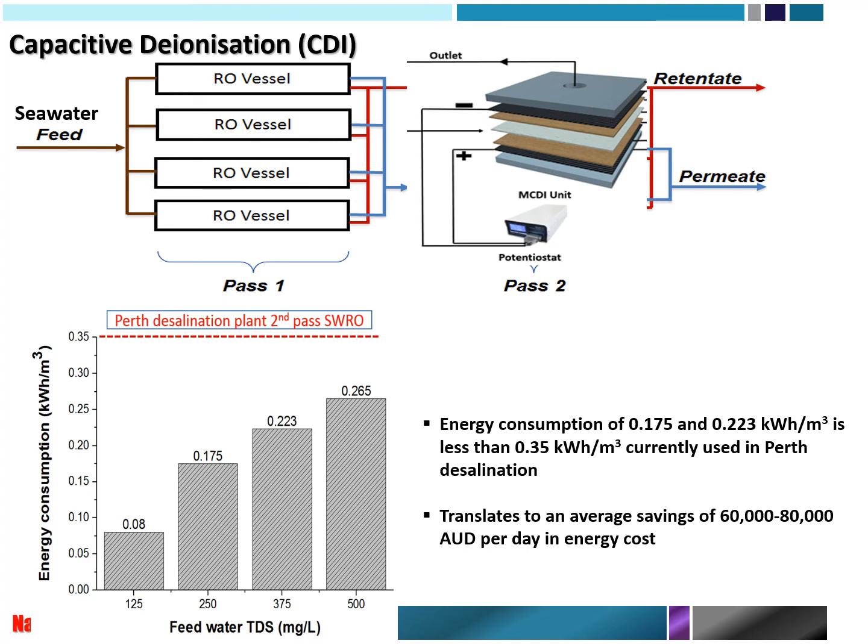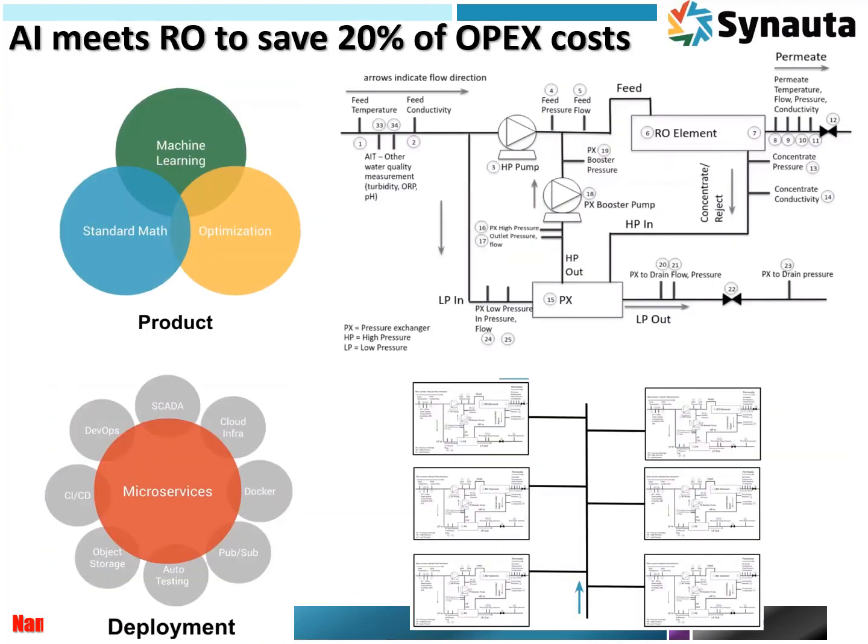This translates to an average saving of 60 to 80,000 Australian dollars per day in energy cost that can be saved using this CDI process.